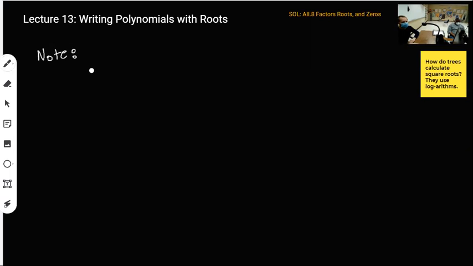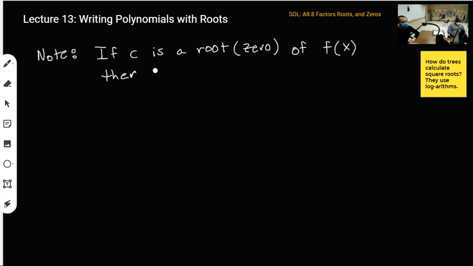If C is a root, also known as a zero, if C is a root of the function f of x, then f of C is equal to 0.